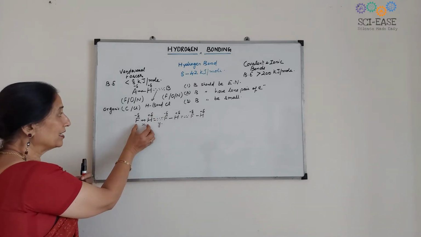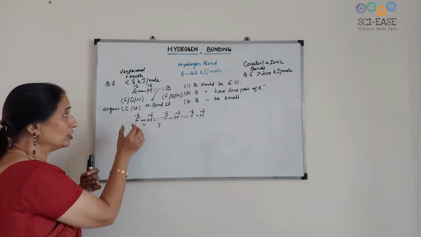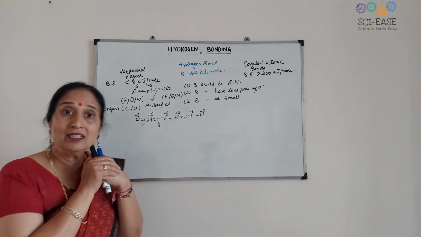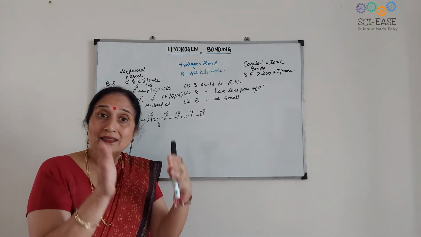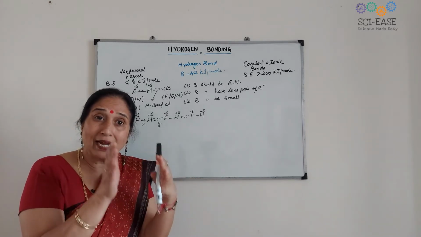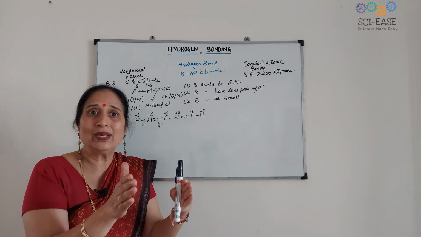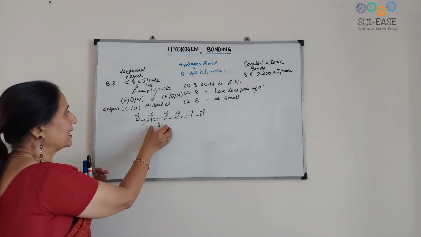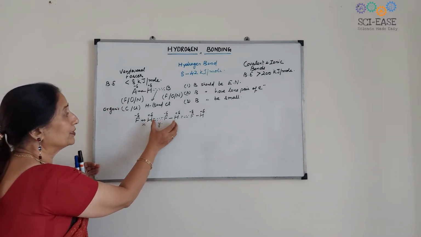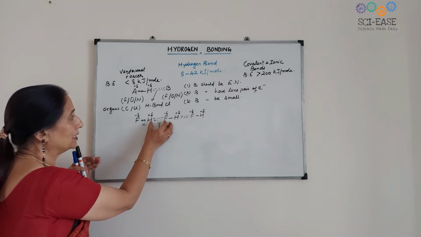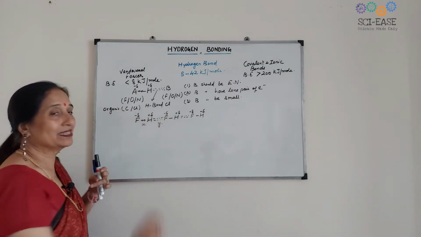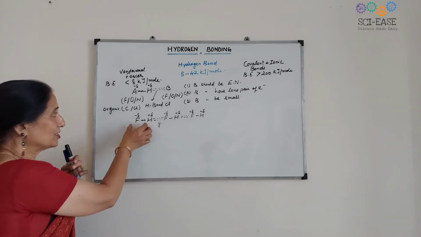Why? Because here this bond is stronger. This means that in the HF bond the atoms will be closer to each other. But in this case, the molecules are far apart, and that is why this bond length will be longer.